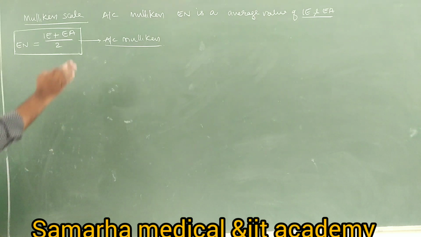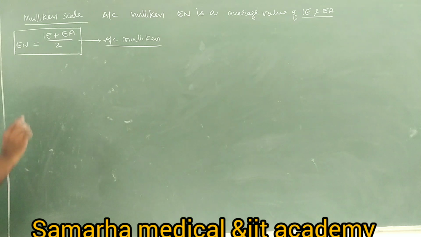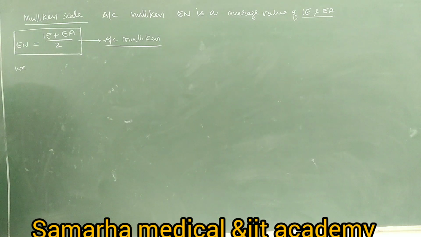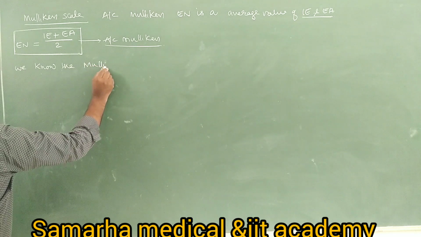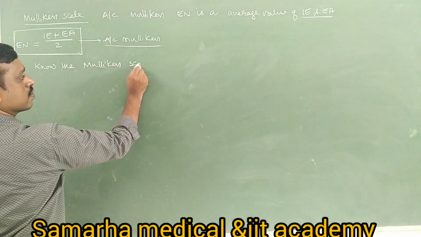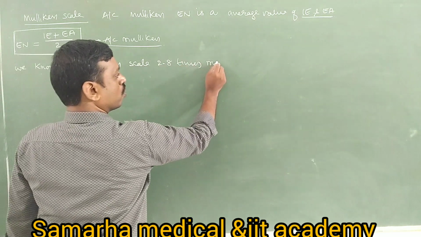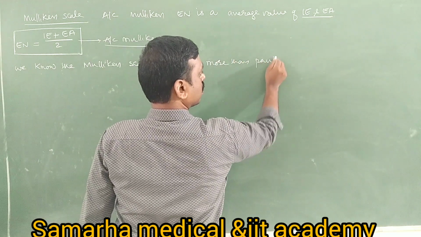Now, if you want to convert this Mulliken scale into Pauling scale, we know that Mulliken scale is 2.8 times more than Pauling scale.